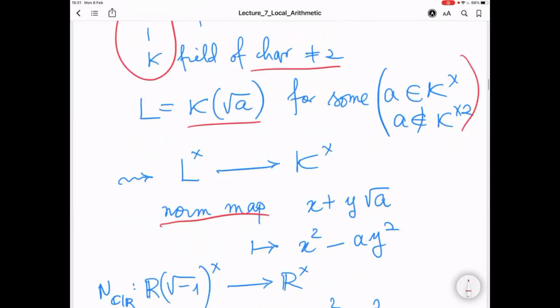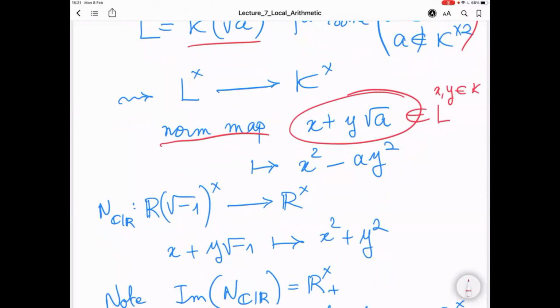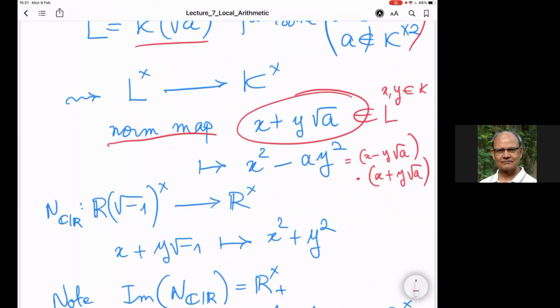And the norm map takes x plus y root a, where x, y are of course in k and this is a typical element of L, to x squared minus a y squared. This is the product of x minus y root a and its conjugate, x plus y root a. So that's what the norm of this element is.